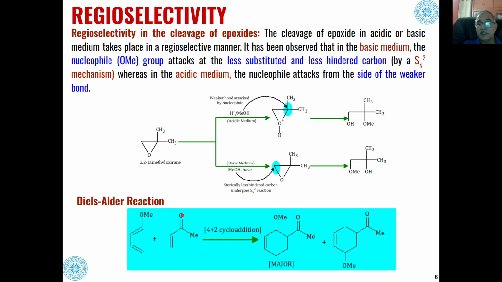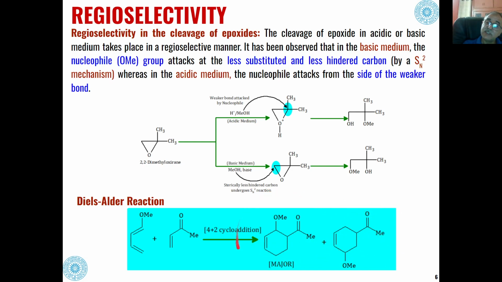Either this carbonyl is towards this oxygen, and a coordination complex is formed between these two oxygens, and because of this, addition of this carbon to this place and this carbon to this place takes place, and we will get this as the product. And the other is opposite to this, this carbon adds to this place and this carbon adds to this place, and we will get this type of product.